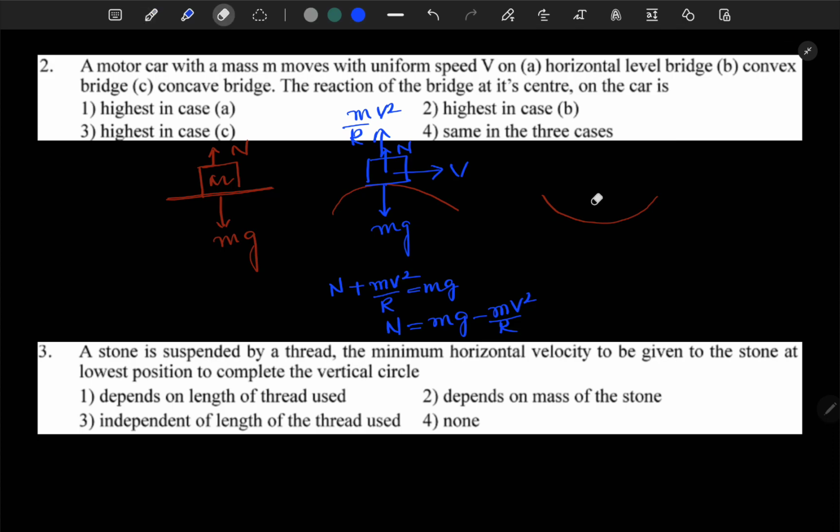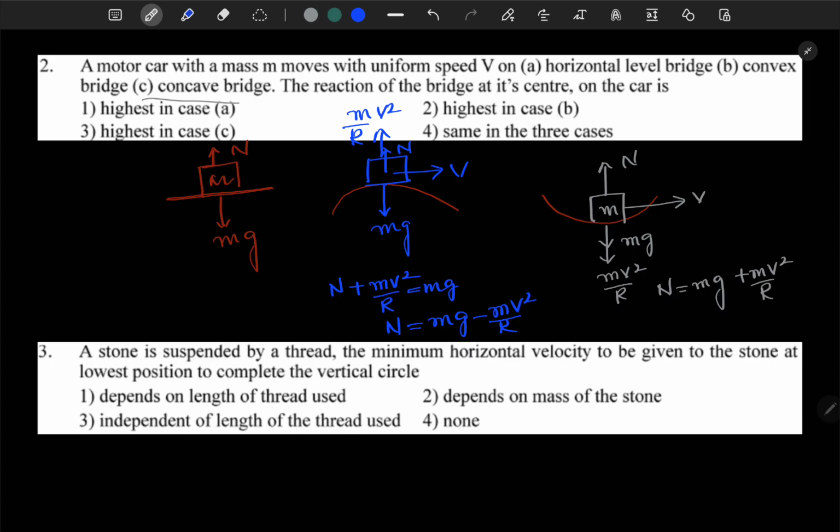Similarly, the normal force in the third case would be as follows. Here is a mass m. When it is moving with velocity v, you have mv square by r away from the center, and also the gravitational force mg in the downward direction, and this is the normal force in the case of the concave bridge, C. Therefore N is equal to mg plus mv square by r.